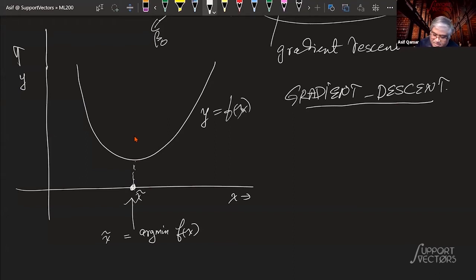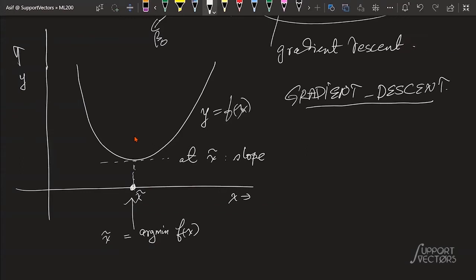There's a very interesting thing to observe here, and that observation has to do with the slope of the line. Look at this. What is the slope at x tilde? Is it flat, rising up, or falling? Flat. Slope is 0.